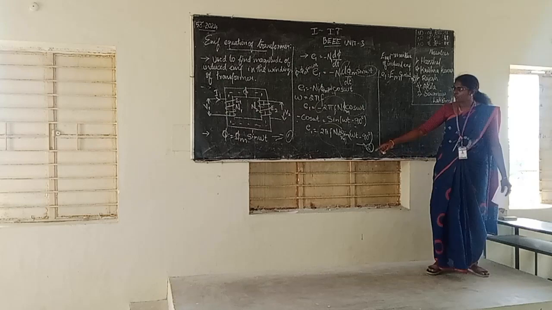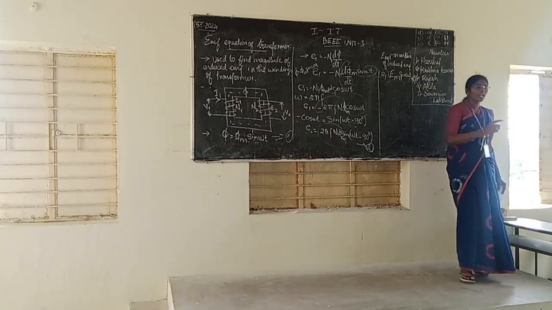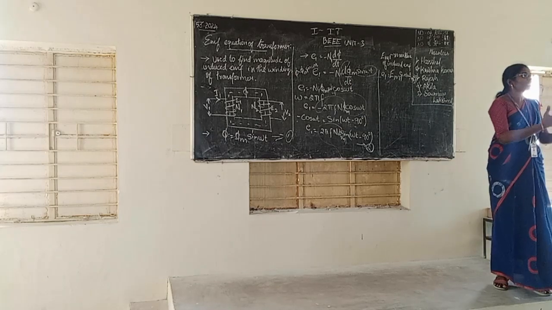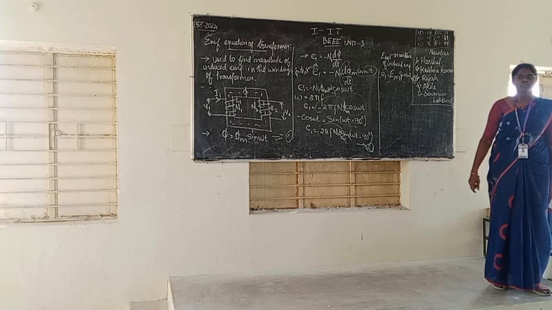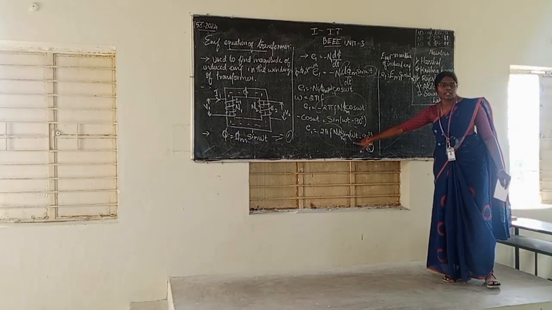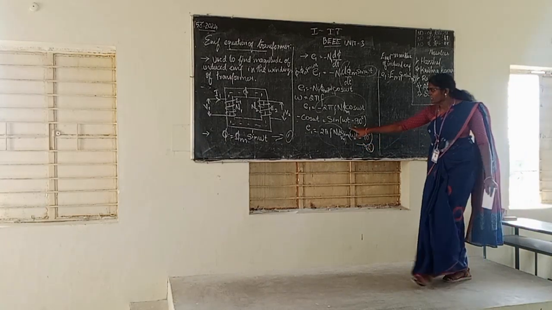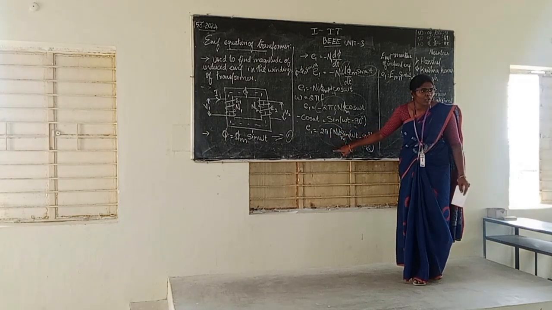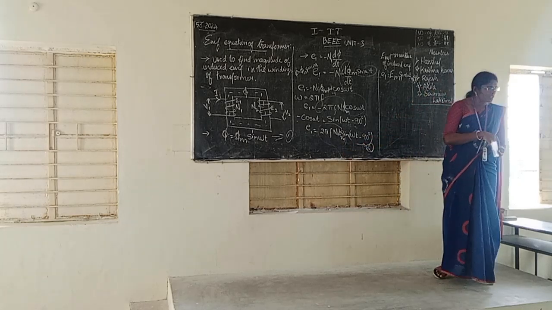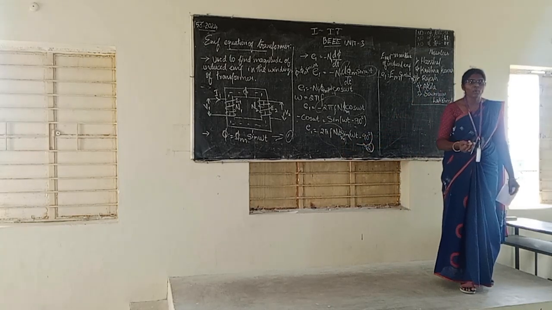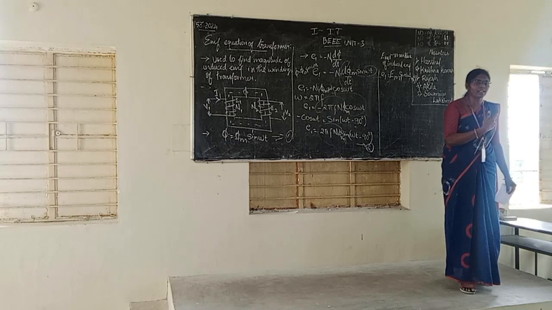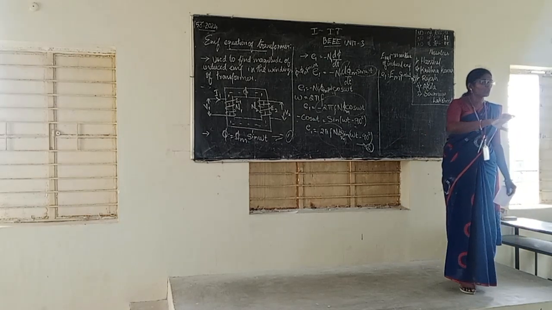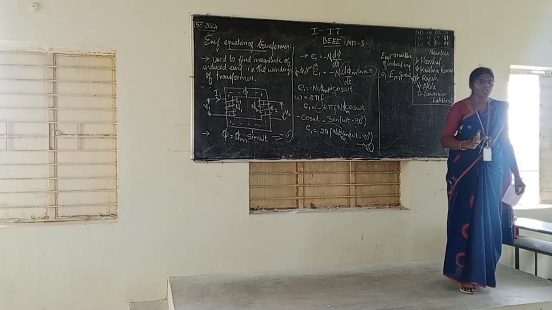So we have to replace what? 2πf into N1 into φm, which is the constant there. The constant can be replaced by the maximum value of E. Whatever the angle may be, ωt minus 90 degrees, these things are going to be constant. 2 is constant, π is constant, frequency f is constant, N1 is based on the number of turns built into the design itself, so it is constant, and φm is the maximum flux based on the alternating source, so it is constant.